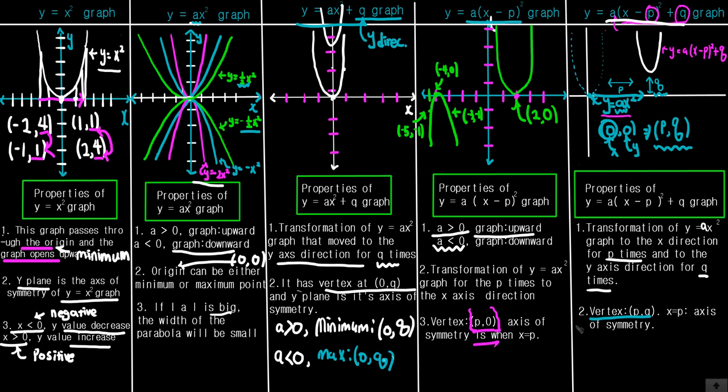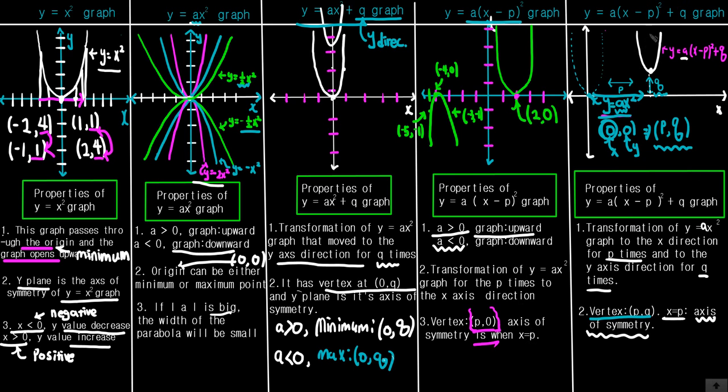And the reason why x is equal to p is the axis of symmetry is because, in order to find the axis of symmetry, we need the x value that is the standard of the axis of symmetry.